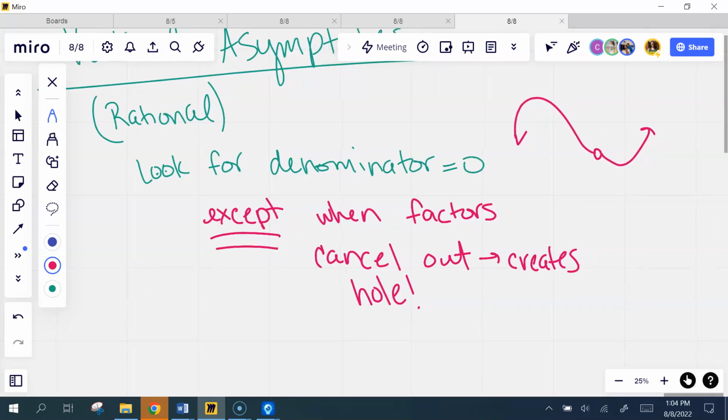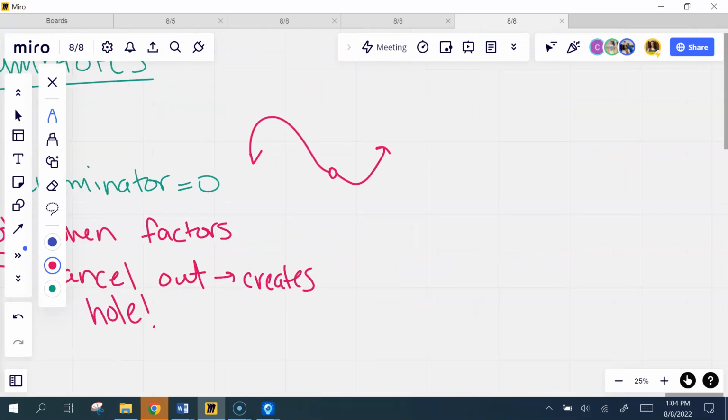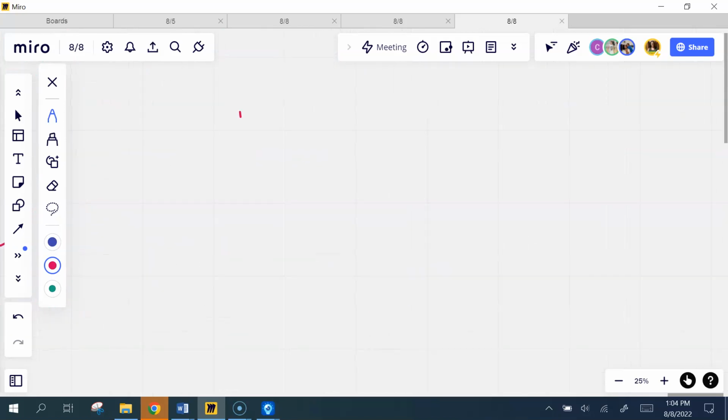Y'all got that? All right, let's start with that same equation we looked at a minute ago. Here's where you're going to have to use your Algebra 2. We already determined horizontal asymptotes here, right?